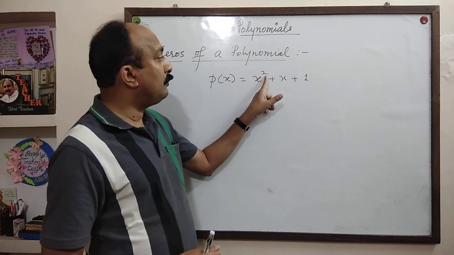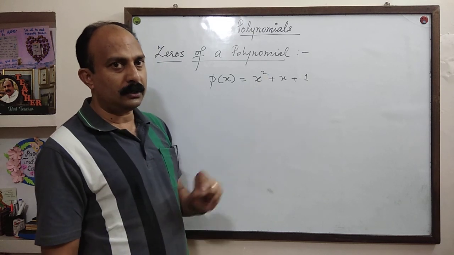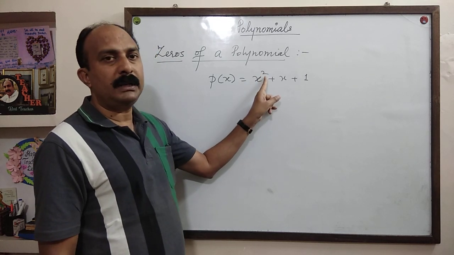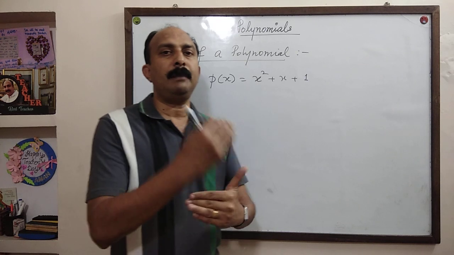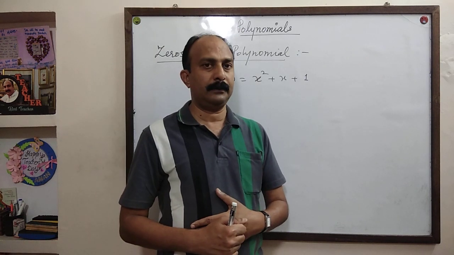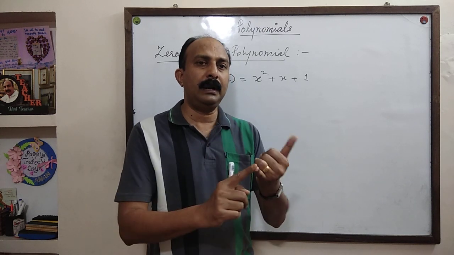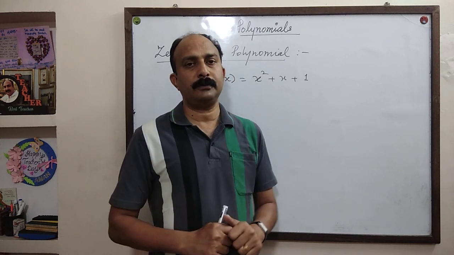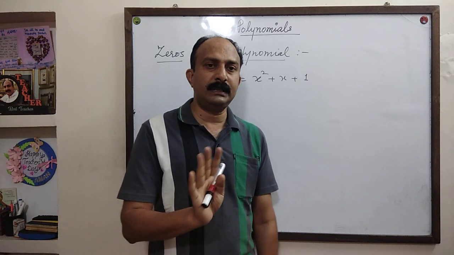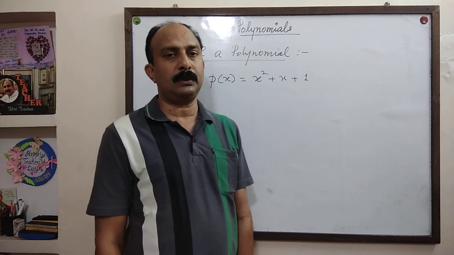But you will never have more than two zeros because degree of a polynomial is equal to maximum number of zeros of that polynomial. So it can be 2, it can be 1, and it can be nil also. It is also not necessary that all the polynomials have a zero.